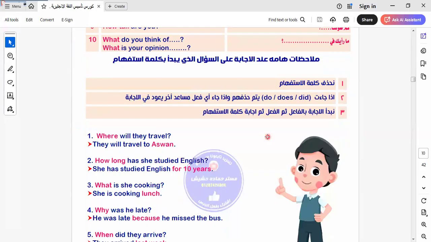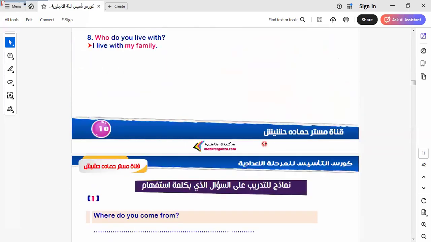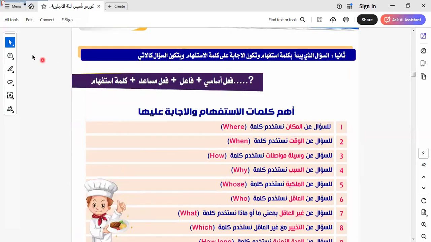when we make a question, we have a rule that we follow. What is the rule? It is called main verb. Here we have the main verb, and here is the subject.